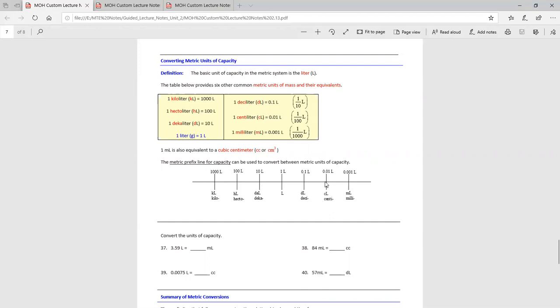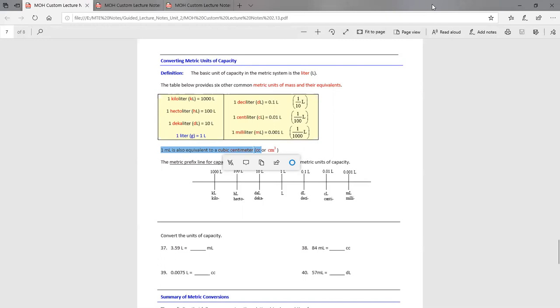So let's do 37, 38, and 40. Now they do make a special note right here that a milliliter is the same thing as a cubic centimeter, also abbreviated as cc. That's important.